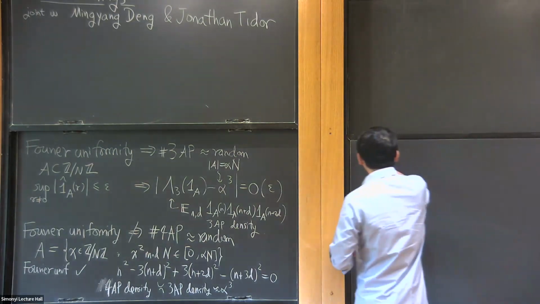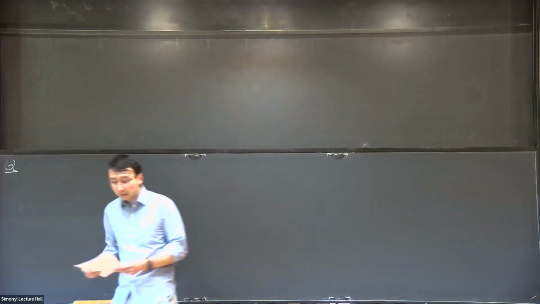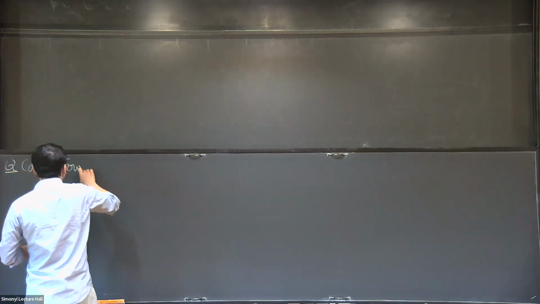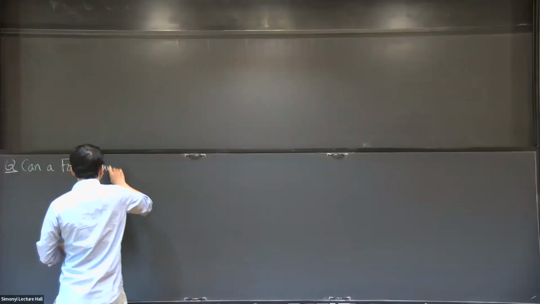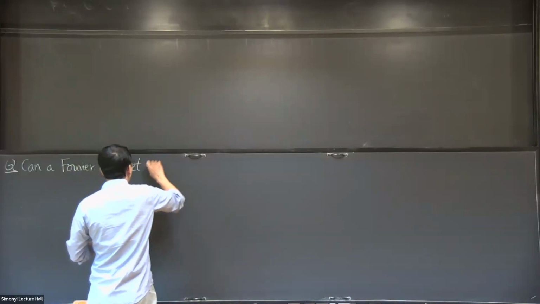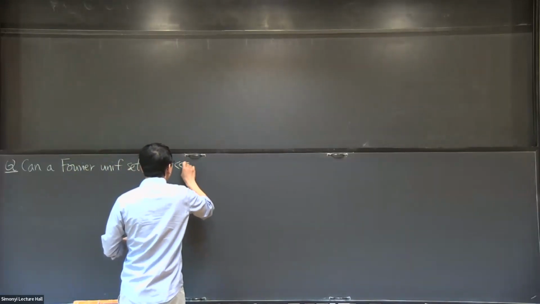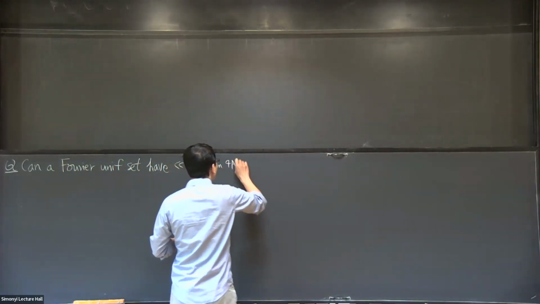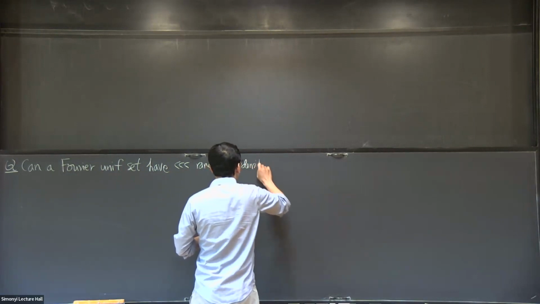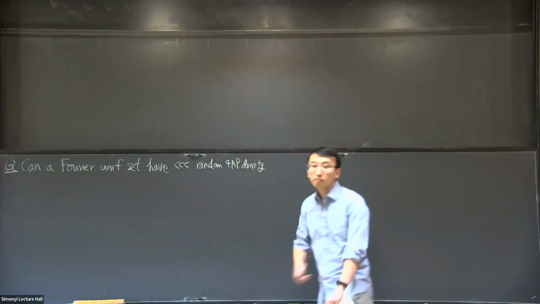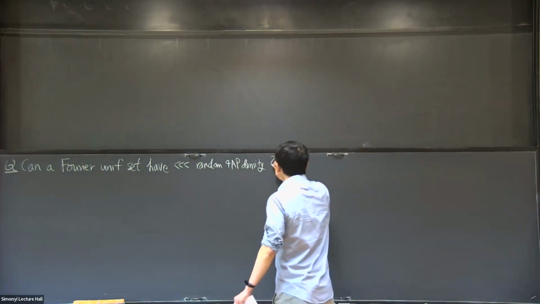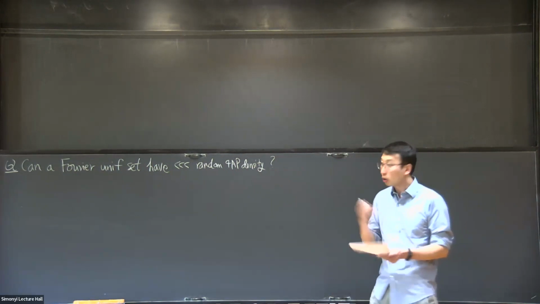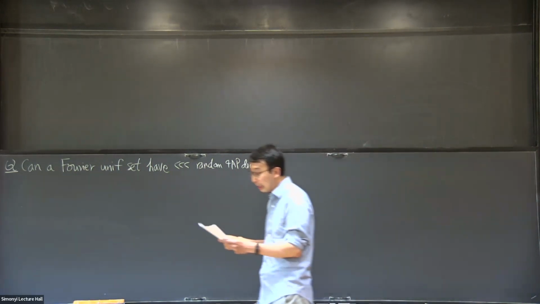So the question this motivates is, can a Fourier-uniform set have much less than random 4AP density? We know it can have much larger than random 4AP density. What about the other direction, which is the direction that matters for the proof strategy of density increment?